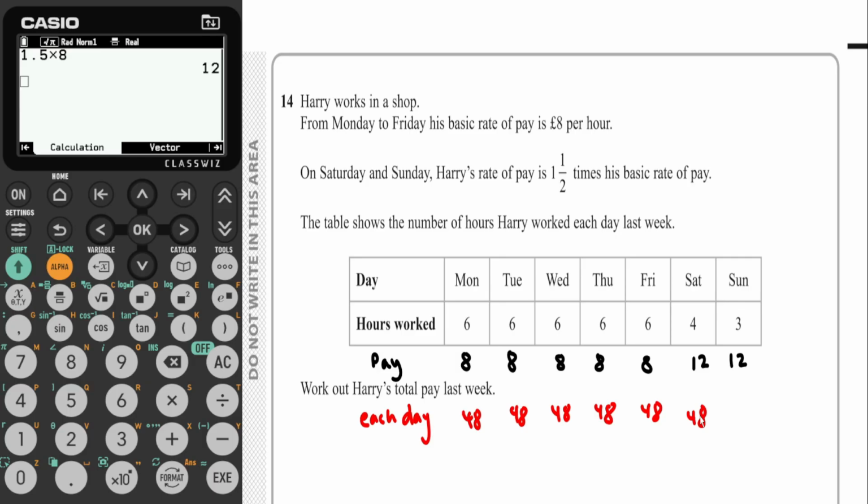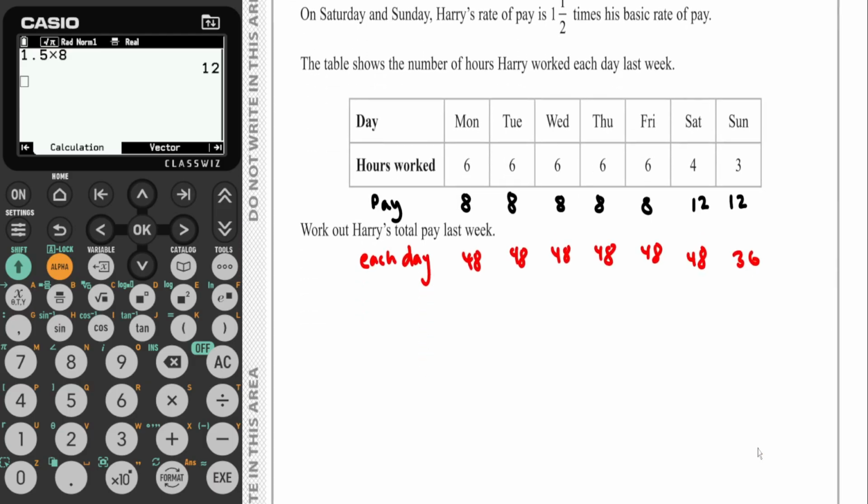And then 3 times by 12, that's 36. So if we work out the total, well, we've got 6 times by 48 plus 36. So I've got 48 times by 6 plus 36. We get a total of £324.